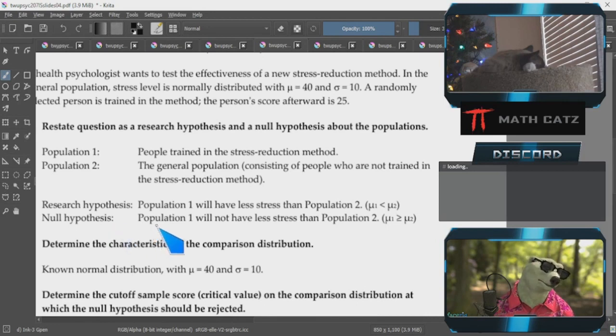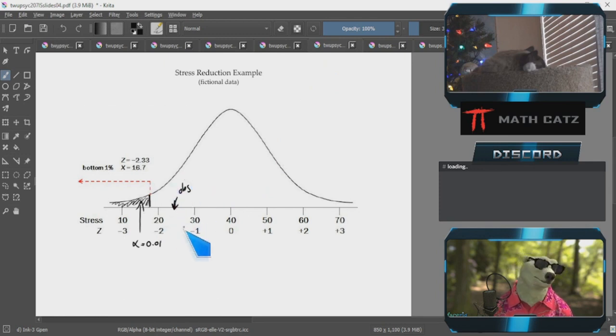The null hypothesis that population 1 with the stress reduction method will not have a lower stress score, I don't reject it, because I just got a person randomly that took the stress reduction method, and it wasn't really extremely less to suggest that this works, or even if it does work, its effect could be so small that I don't really even notice it, and it's not worth investing in.